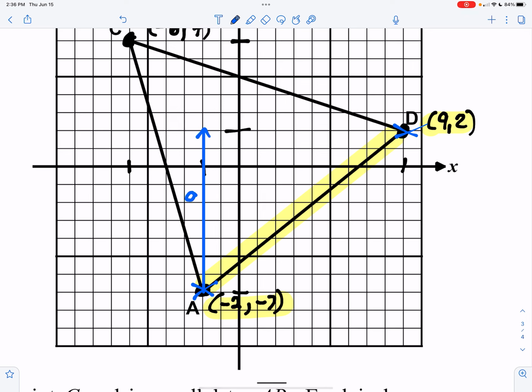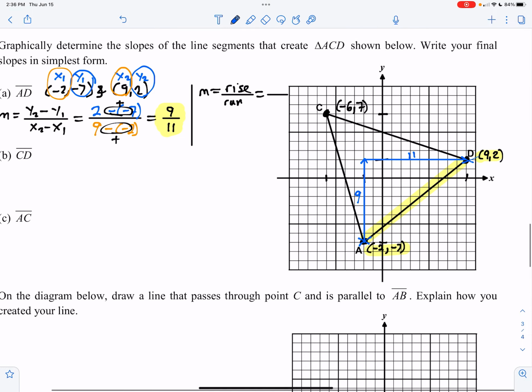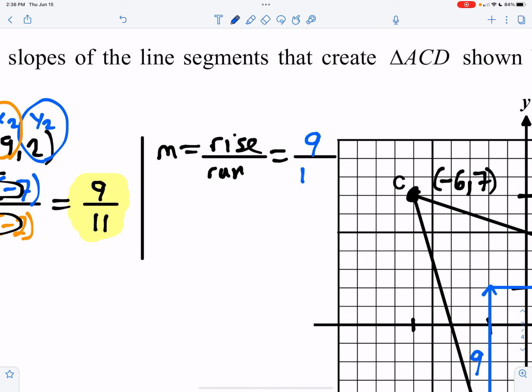I got a rise of 9. And a run, I'm going to the right, 1, 2, 3, 4, 5, 6, 7, 8, 9, 10, 11. I have a run of 11. Okay, and so you can see I get the same slope, 9 over 11.